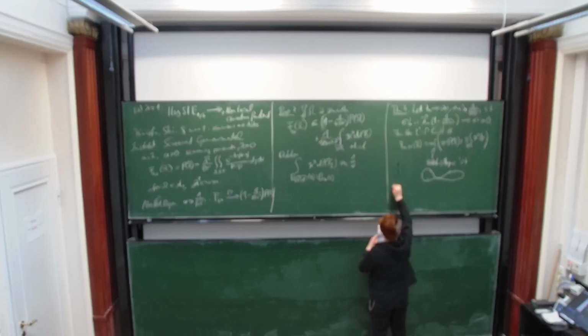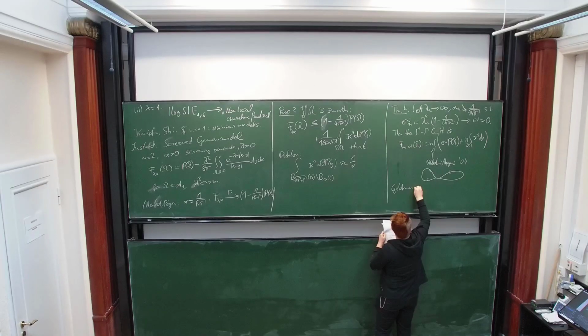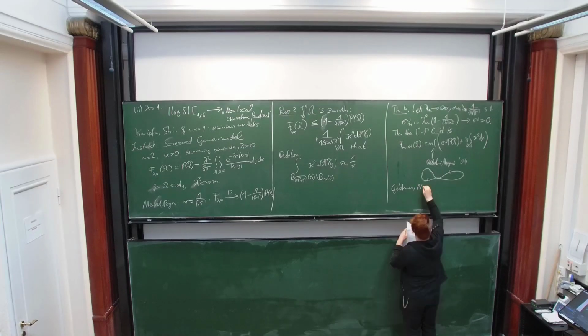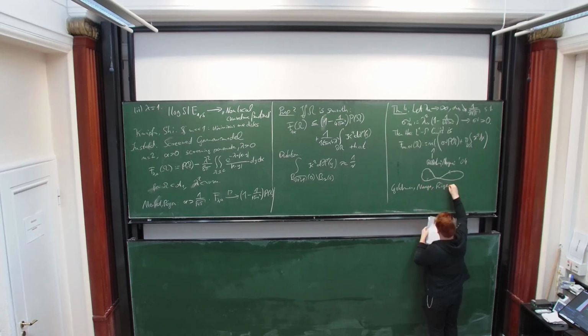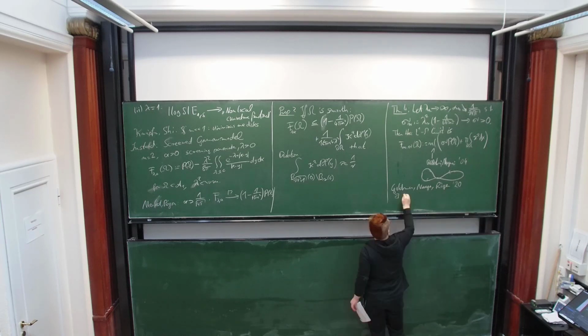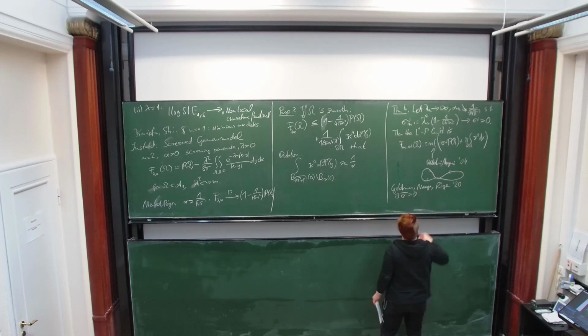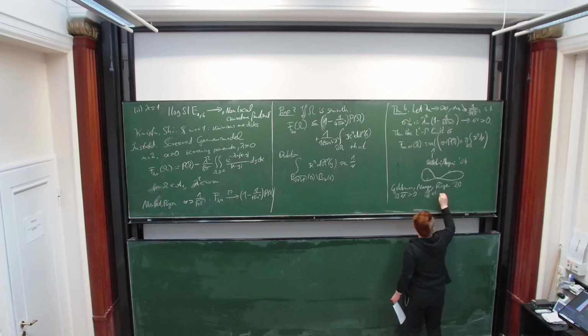This is Goldman, Novaga, Ruffini in 2020. Their statement is that there exists a critical sigma bar bigger than 0, so that if sigma is strictly bigger than sigma bar, minimizers are disks.